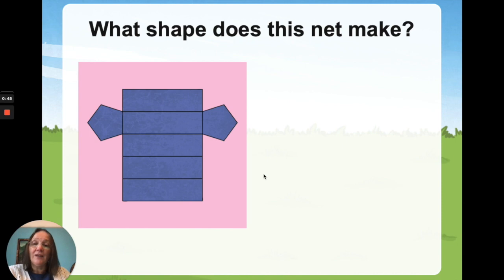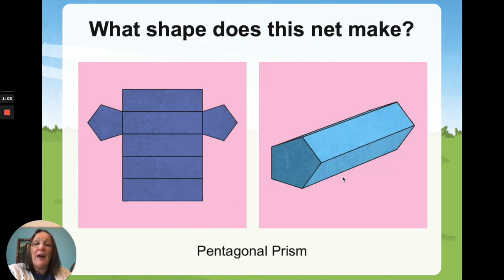This one's a bit trickier, but I can see it's got a 5-sided pentagon on each side, and a load of rectangles in between. So if I fold that up and put it together, it's going to make me a pentagonal prism. Pentagonal because it's got a pentagon, prism because it's got long straight sides.